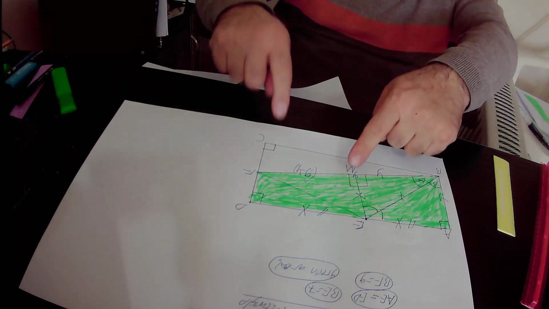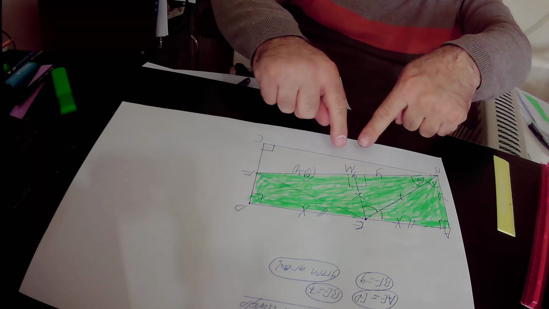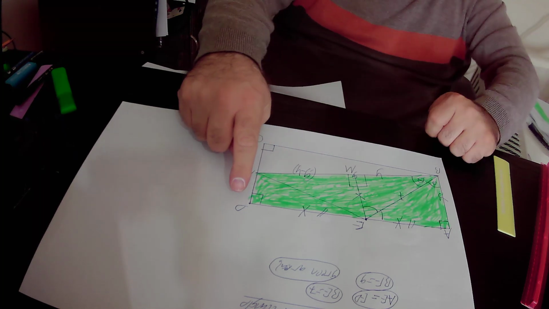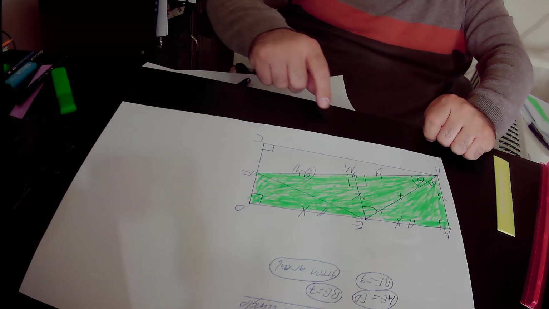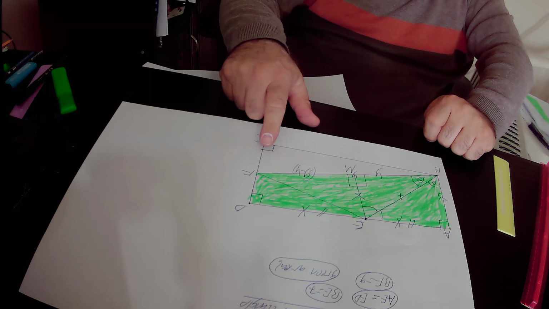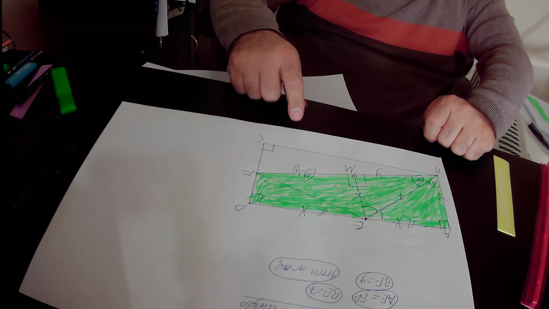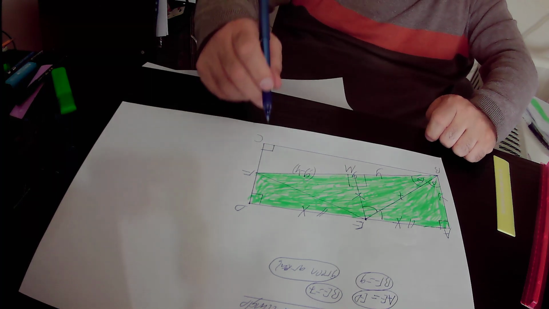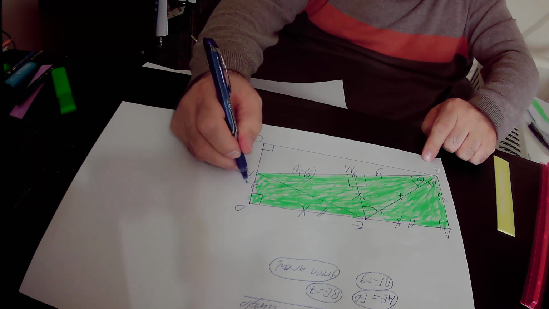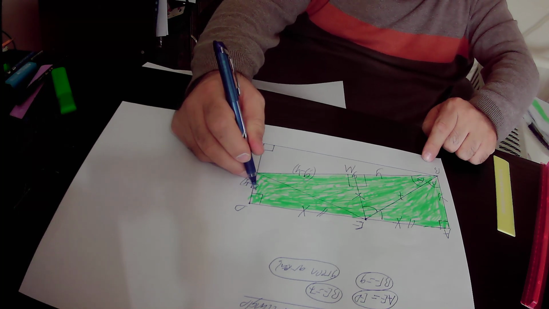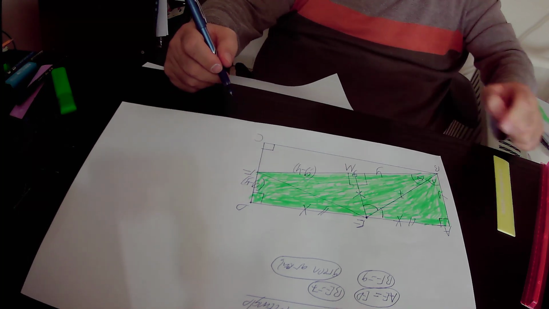And if MF equals 9 minus y, then DF will also equal 9 minus y.